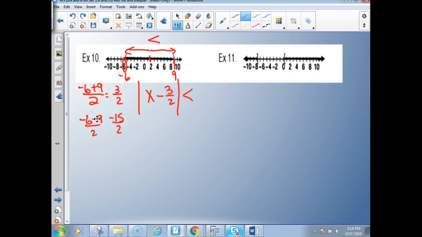So I subtracted them, and then it's either left 15 halves or right 15 halves. So let's see if this works. Right, that works because if you add 3 halves, you get 18 halves, which is 9. If you change that to negative 15 halves and you add 3 halves, you will get the other end.